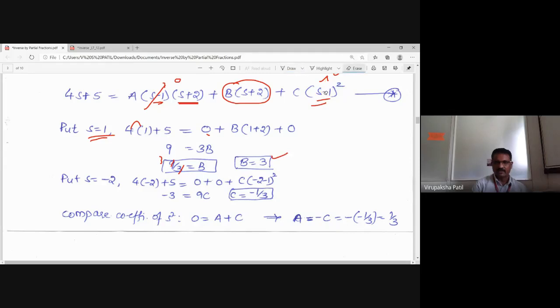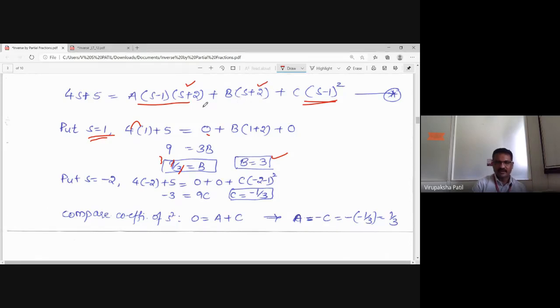Okay. Next, we'll come back to this equation, and we'll try to get the value of another constant. The b value you got now. Now I'll try to get the a value, which is not possible here because there are no common terms in these two. So you'll concentrate on getting the value of c here. So here you observe s plus 2 is present.